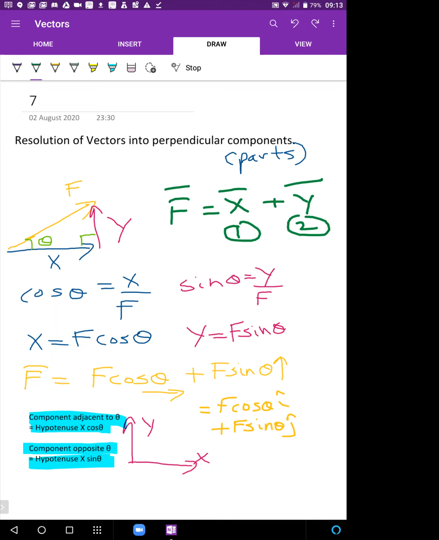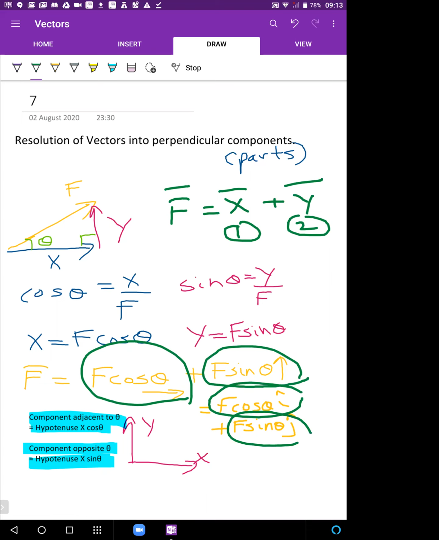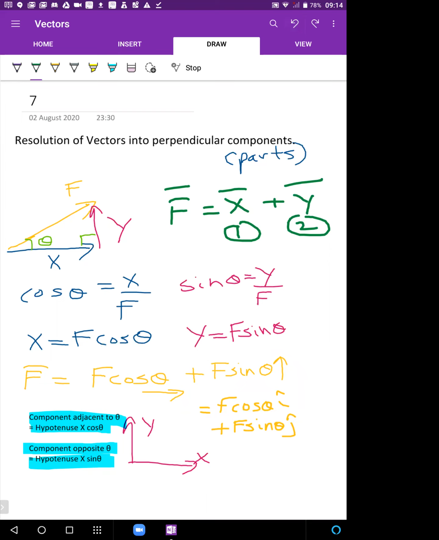Moreover, based on what we saw on the previous page, this guy can be written as F cos theta into I cap, because this is along the x-axis. This one can be written as F sin theta into j cap, because that's exactly along the y-axis. So all of a sudden, I have now written this vector in this style, in a new style.